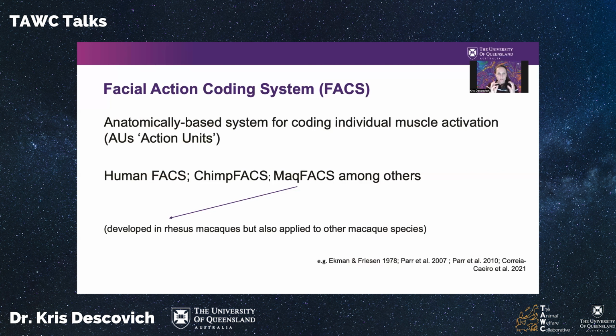So you can see focusing on these individual muscle movements can be quite objective because we're not looking at a whole range of activation that's happening at the same time. But as you've probably already picked up, it's a very time-consuming way to actually code facial expressions.